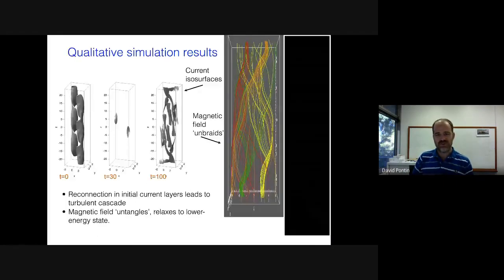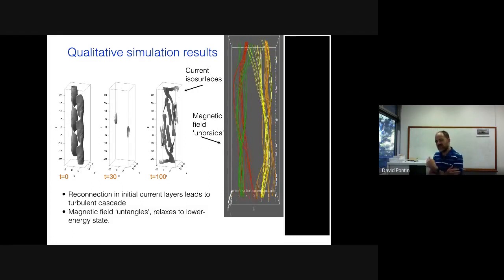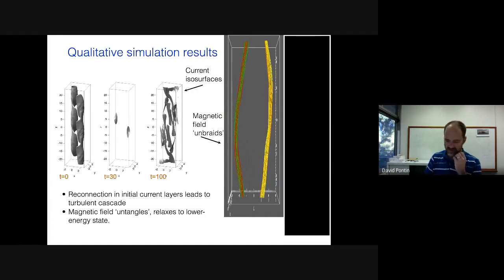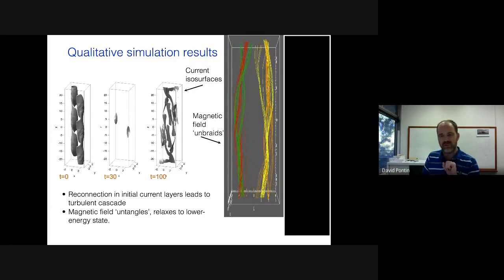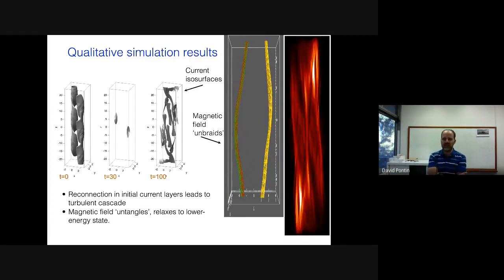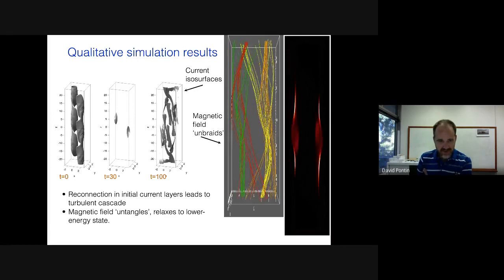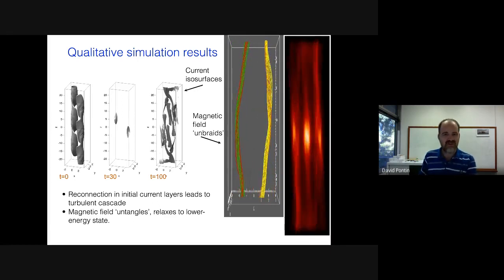So we wanted to see whether, if we take one of our braiding simulations, any of these properties are also seen there. I'm showing the results of simulations that are very similar to the ones that we did before, only that we now have thermal conduction and radiative losses, and we've synthesized the emission for these simulations.